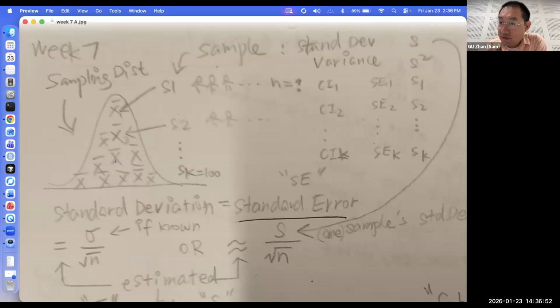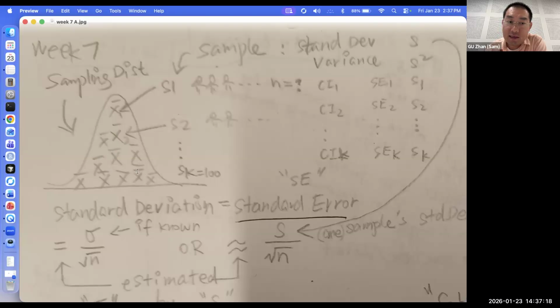The elements under it forming this distribution are x bar: x1 bar, x2 bar, xk bar. So x bar is a mean value. It is not the original measurement of the population, but an aggregated value. So it is the distribution of sample means, a sampling distribution of the mean.